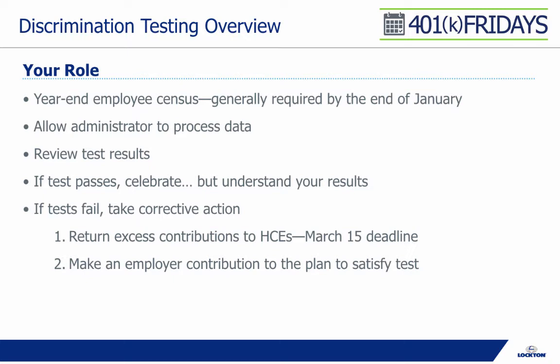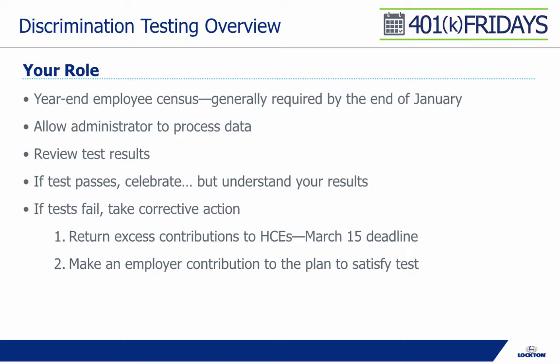Your role in discrimination testing is fairly simple. You need to provide a year-end employee census to your administrator who's going to be performing your testing, and that's generally required by the end of January if you're on a calendar plan year. Allow your administrator to process the data and then review the test results. If your test passes, go ahead and celebrate a little bit, but understand your results. Make sure that you are in good shape to pass in years coming.